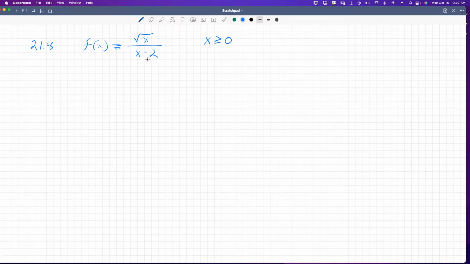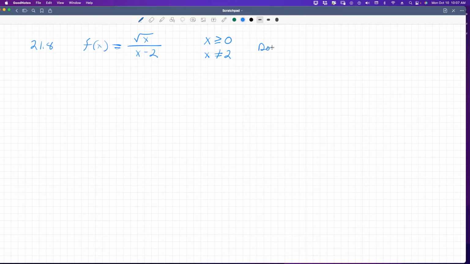Down here, we know we can't have a denominator that is equal to 0. It can't happen. So the only thing that gives us that is if x is a positive 2. Then that equals 0. So we can't have that. So x cannot be equal to positive 2. Those are our two conditions. So we'll write our domain as such.